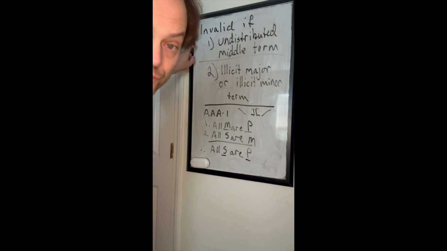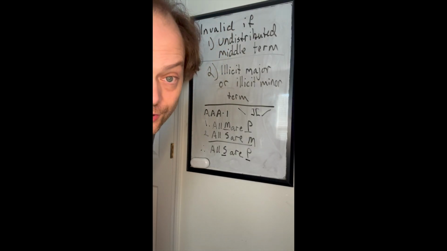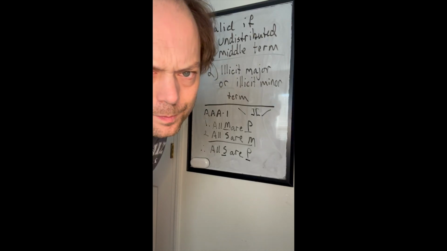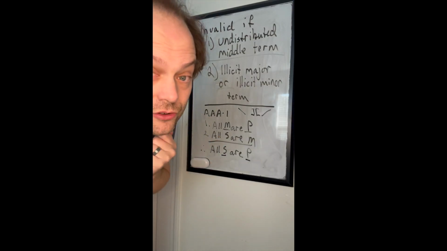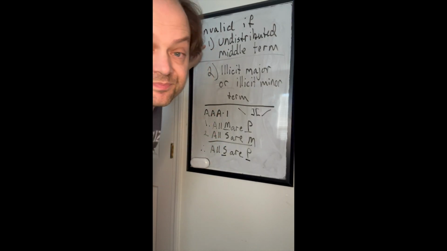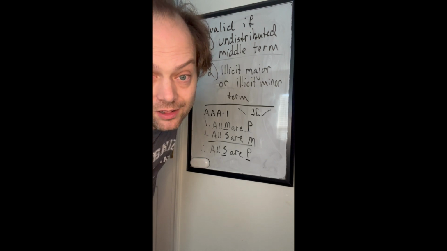So the first rule here is that the middle term has to be distributed at least once, obviously in the premises, right? It doesn't appear in the conclusion. If it is not distributed at least once, that's the fallacy of the undistributed middle.